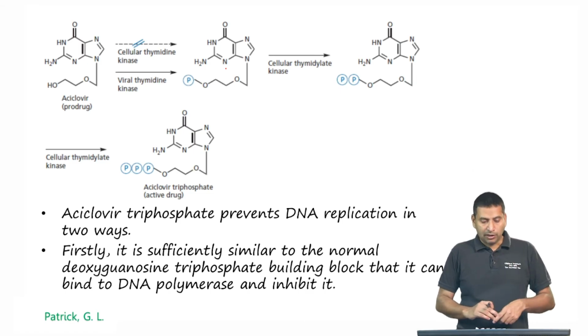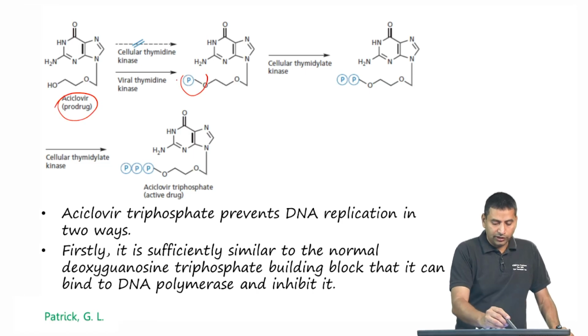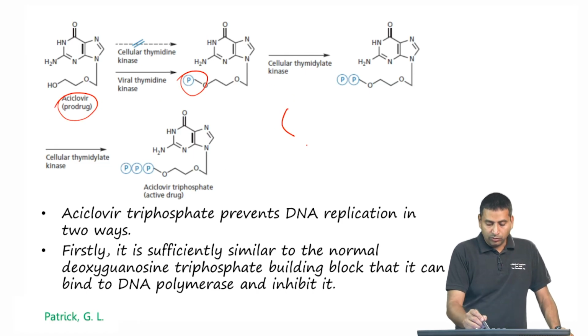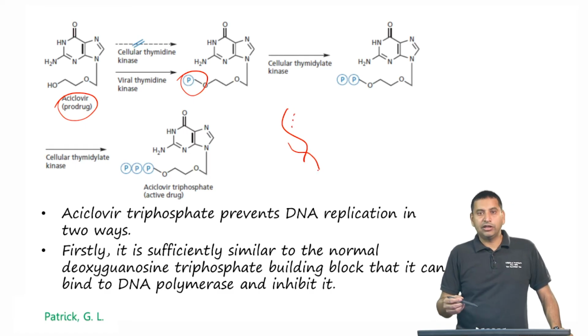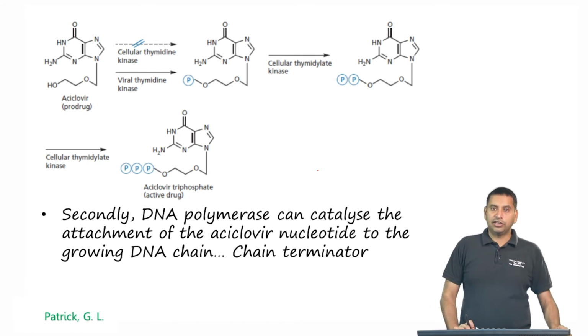The way in which this happens is that this is the prodrug, it gets phosphorylated, and then it encounters the growing DNA double strand during replication, and it prevents the replication from occurring.